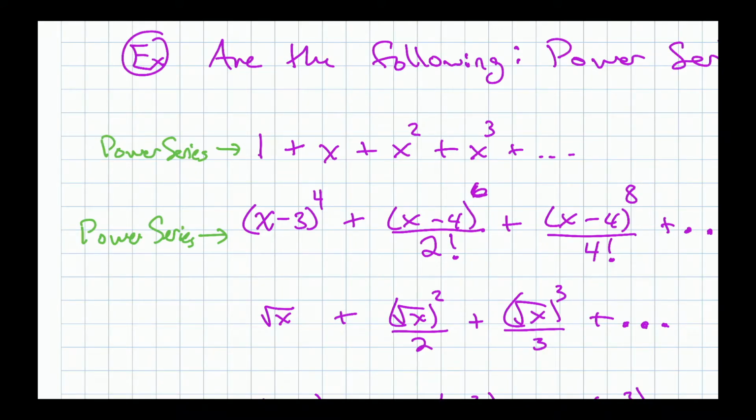And so you're really just looking to make sure that you have integer powers of x. Integer power of x, integer power of x, integer power of x. That's an integer power of x. It's an x to the 0.